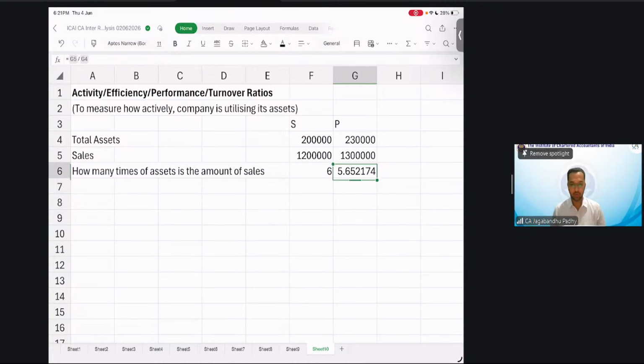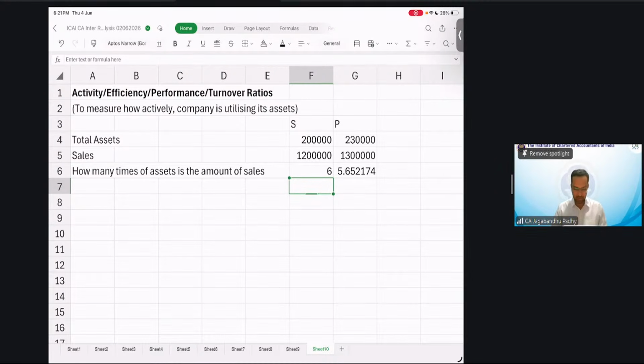So S is generating sales 6 times its assets. So using 1 rupee of asset to generate a sale of 6 rupees. And company P is able to generate a sale of 5.65 for every 1 rupee of asset.